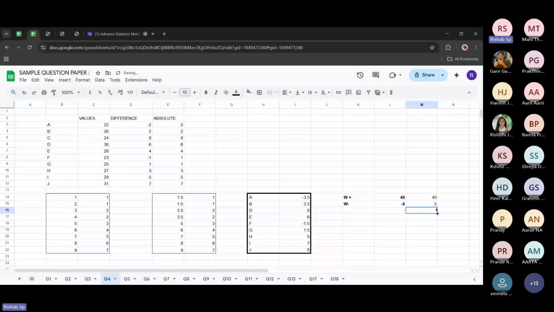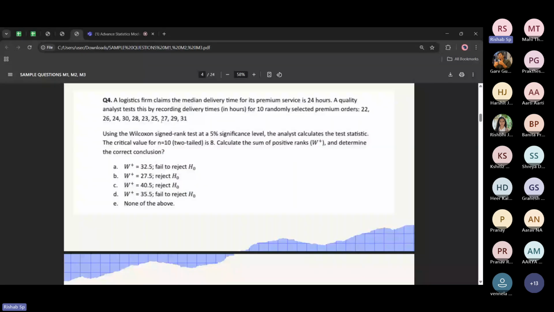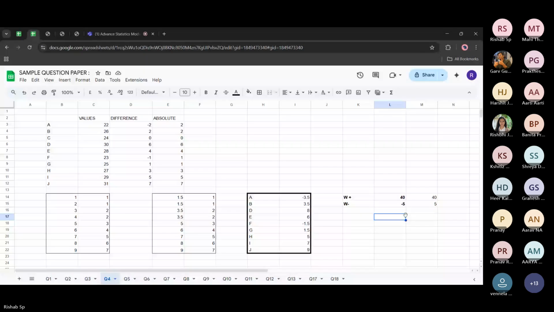Among these, which is the least value, the smallest one? 5, right? So we compare that with the critical value for n, which is 8. So 5 is less than critical value 8. This is the conclusion.